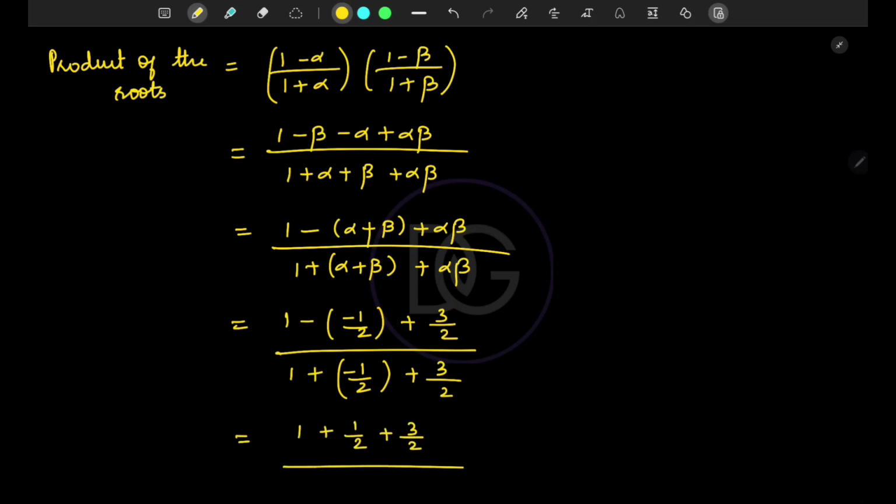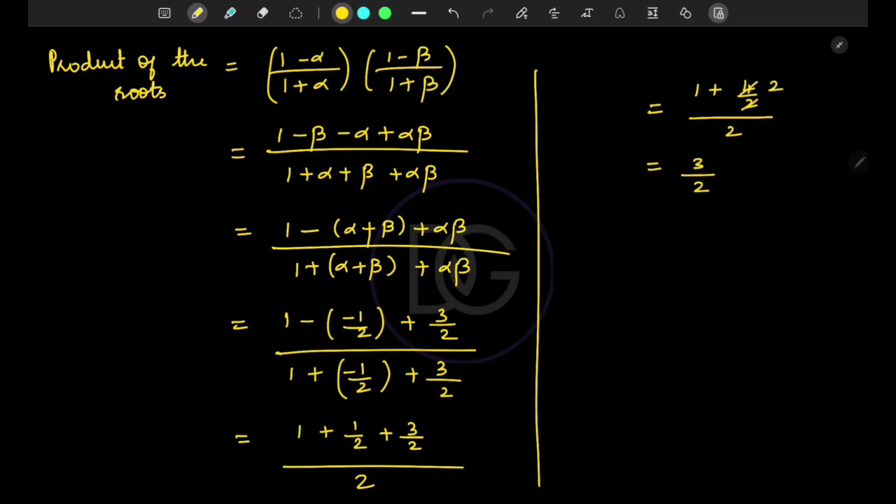While solving the denominator, before itself, in the sum of the roots, we have found out the denominator. The same denominator we can get here, that is 2. Then in the numerator, 1 plus 4 by 2, which is 2, while cancelling 4 and 2. 1 plus 2 is 3, so 3 by 2. That is, the product of the roots is 3 by 2.